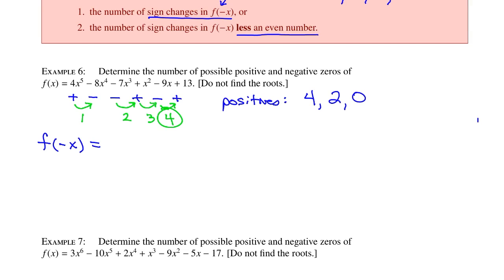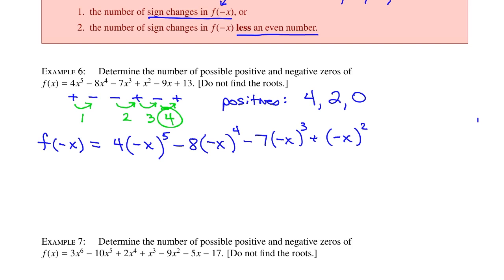When we compute f of negative x, we plug in negative x for each of the x's. So it's 4 times negative x to the 5th minus 8 times negative x to the 4th minus 7 times negative x cubed plus negative x squared minus 9 times negative x plus 13. Now we simplify. If we take negative x raised to an odd power, we still end up with the negative.